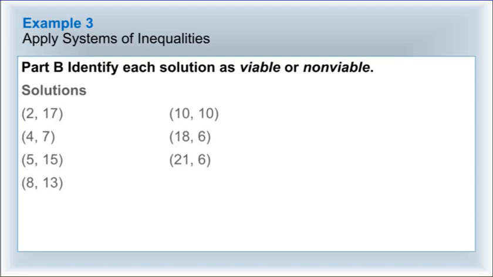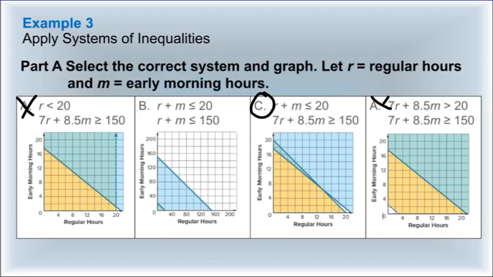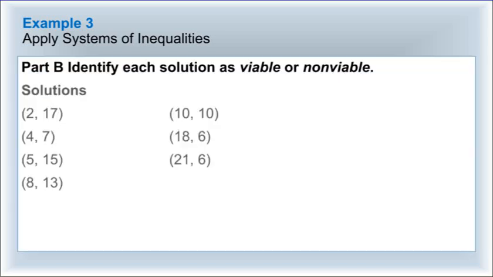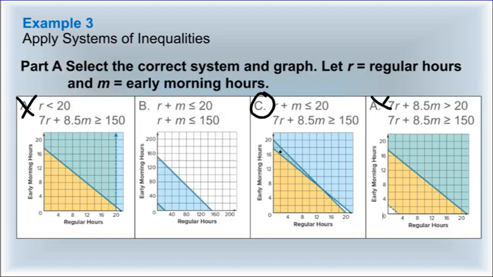Part B, identify each solution as viable or non-viable. So if we go back and plot those down, 2, 17, 2, 17 would be roughly here. That is not in there, so we would say no for that one. 4, 7, 4 and 7.